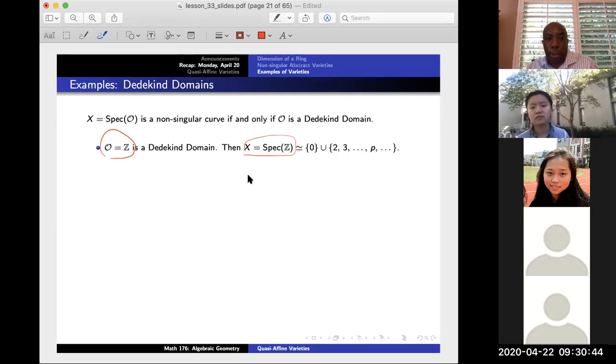Remember that the tangent space, you really want to correspond to the cotangent space, this MP mod MP squared. So you have to take a look at the maximal ideal. So remember that a maximal ideal corresponds to a prime. So now we're looking at something like P mod P squared. Right? That's just roughly the idea. Right, so in this case, we actually do have a nice non-singular curve.